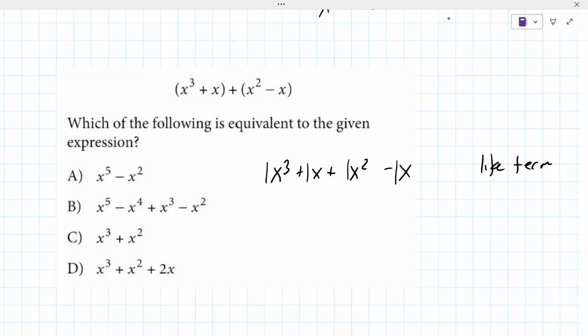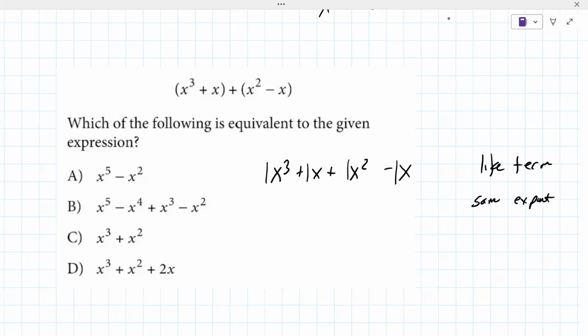x3 and x2. They don't have the same exponent though. For like terms, they have to have the same exponent.